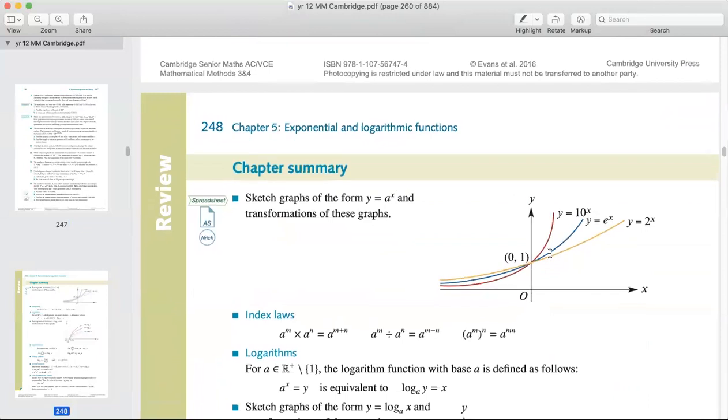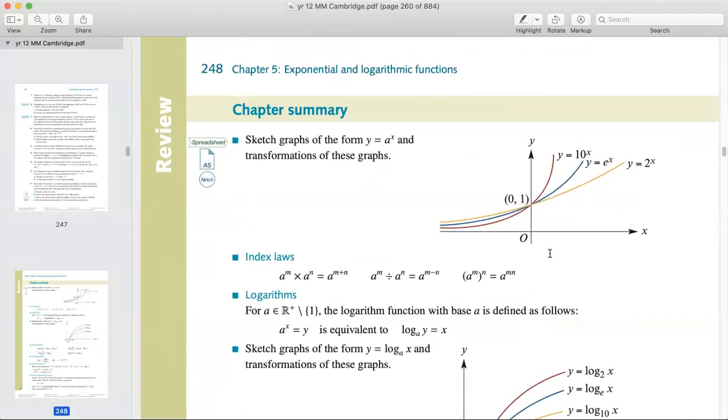Okay. And here we come to the chapter summary. For the whole of chapter 5, the first part is exponential, then the next part is logarithm. Later we combine them: how to use exponentials to solve logs, how to use logs to solve exponentials, and how to draw both graphs.